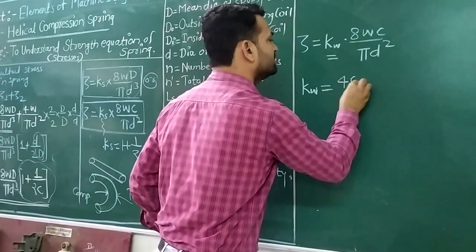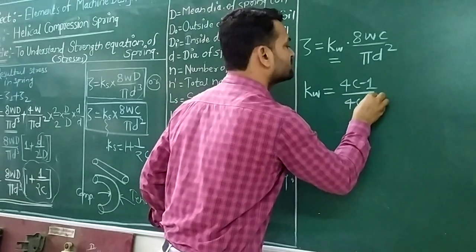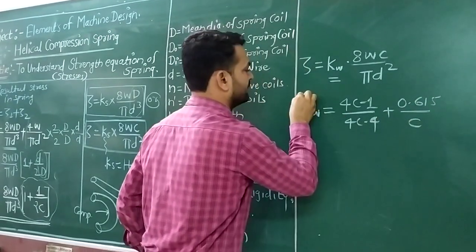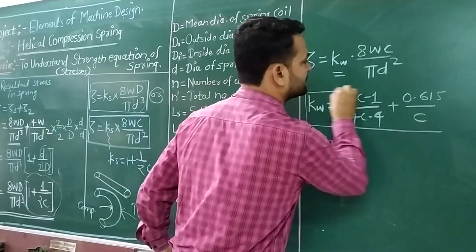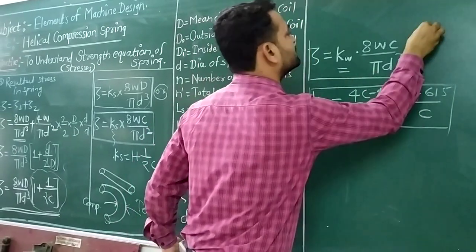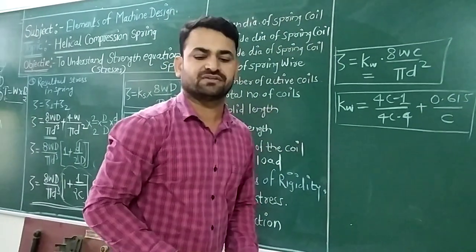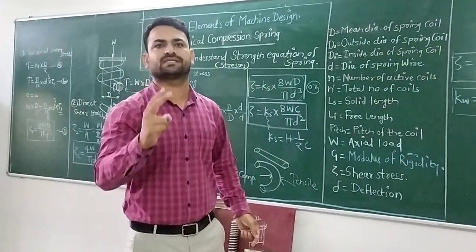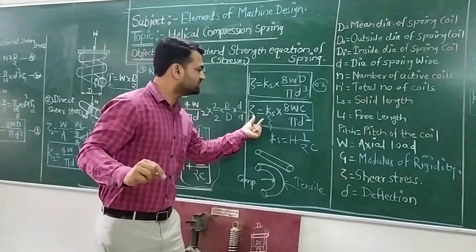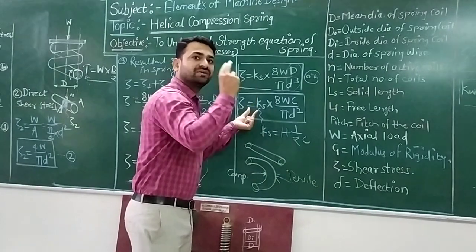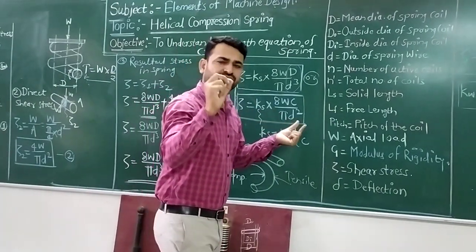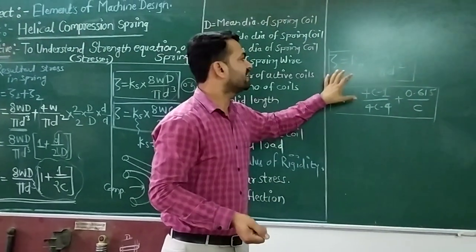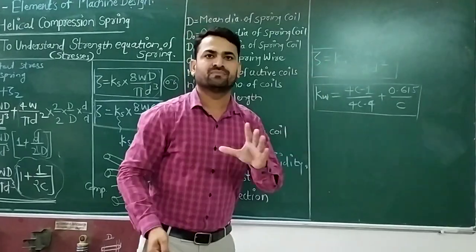So KW is equal to 4C minus 1 divided by 4C minus 4 plus 0.615 divided by C. This is the Walsh correction factor, and this is the stress developed inside the spring considering the Walsh correction factor. So at the end of the lecture we have two values of stresses. One, a resultant stress considering the shear stress factor, and second, the important equation, shear stress considering the Walsh correction factor, and this stress we always use in the designing of the spring.